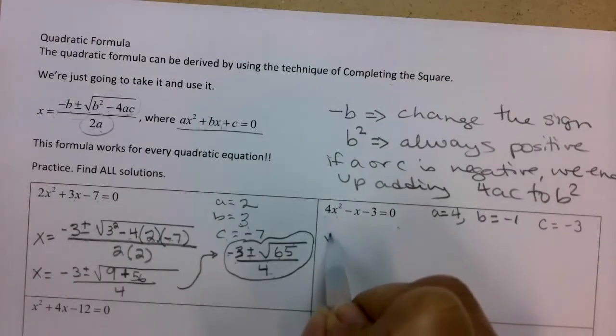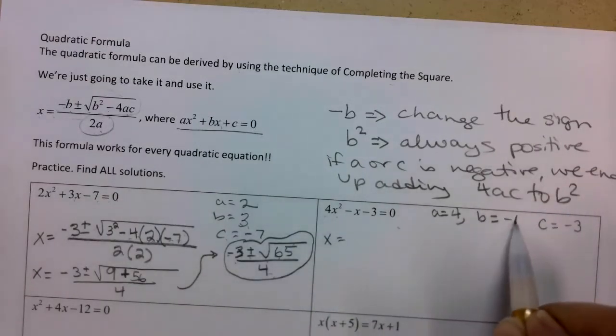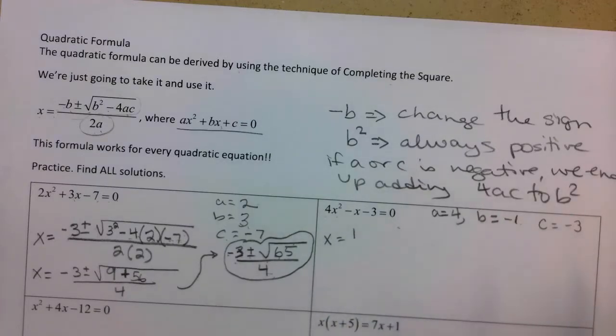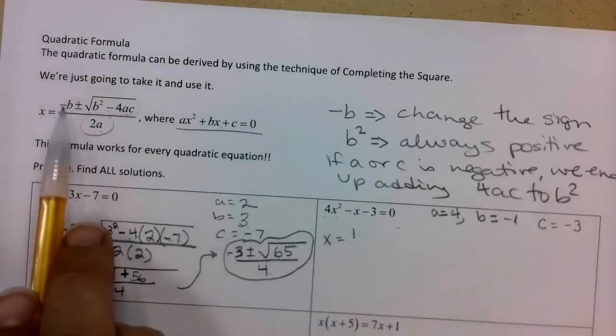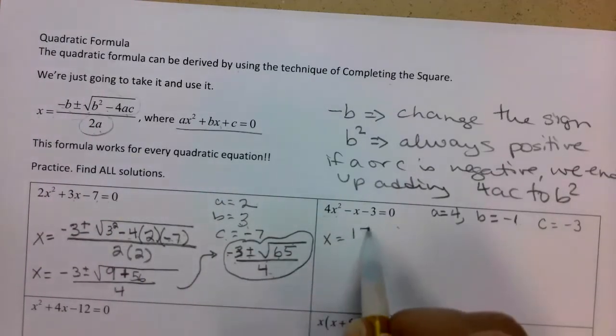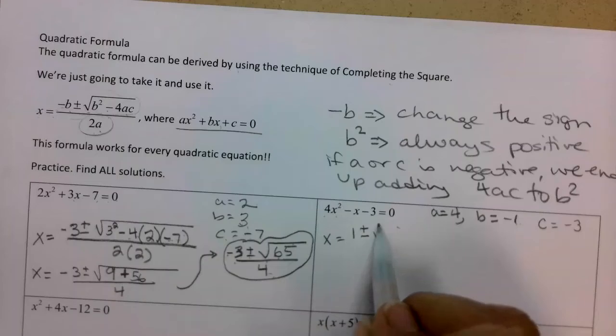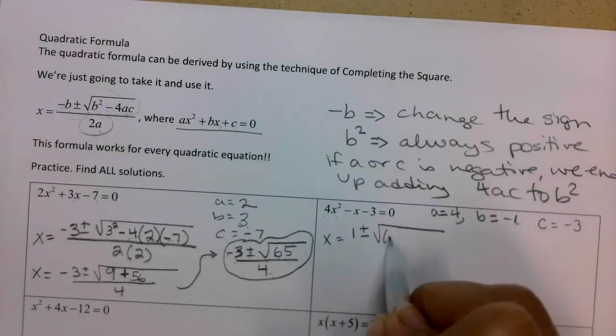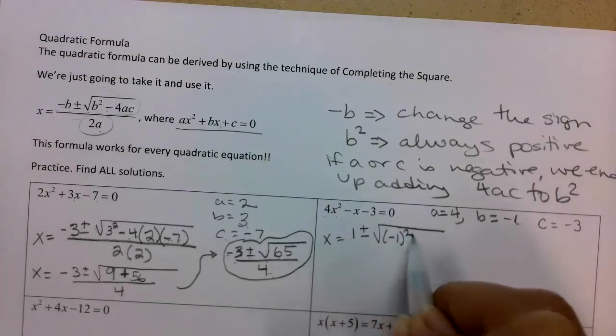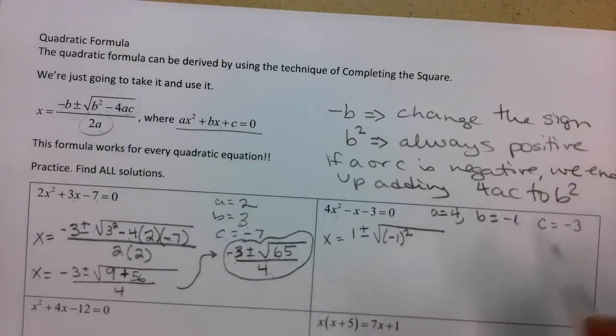So quadratic formula, x equals negative b. So b is right now negative 1, so I need the opposite of that. So 1, positive now. Our b started off negative, so in our formula, I change its sign to start with. So 1 plus or minus square root, b squared. It's a negative 1 squared, you can put it in parentheses to make sure that you're careful.